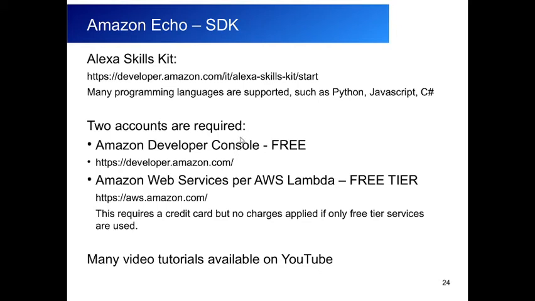The Skills Kit: here you have the references to it, and one important thing is that you can program it using many different languages such as Python, JavaScript, C Sharp, but you need two accounts. One is the Amazon Developer Console, which is totally free, and you can register very easily. But if you want to use the backend, you also need Amazon Web Services for the AWS Lambda services.